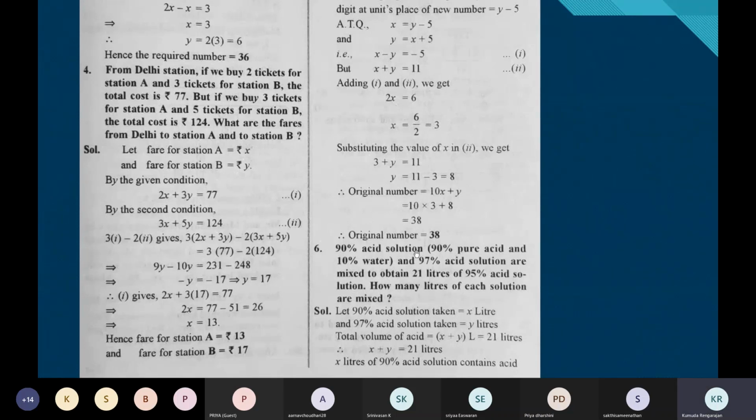So there are three different things here: the 90% acid solution, the 97% acid solution, and the resultant, which is the 95% acid solution. Let X liters of 90% acid solution be mixed with Y liters of 97% acid solution to obtain 21 liters of 95% acid solution.